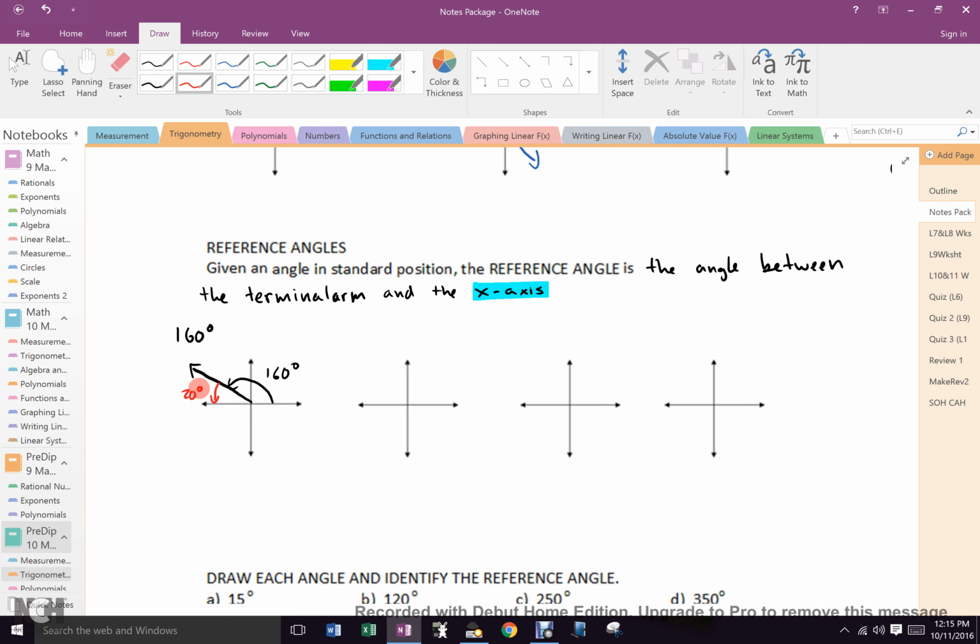Okay. Let's go with 299 degrees. Mr. Myers, that's crazy, though. It's crazy. Where would that be? Fourth quadrant. So we're going to go. Now, where is the reference angle?